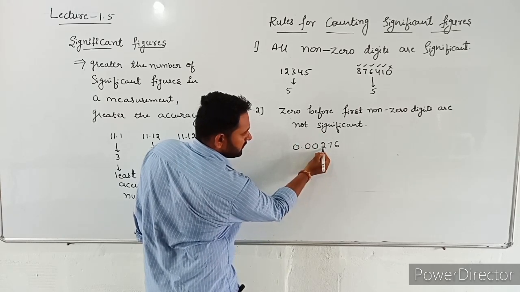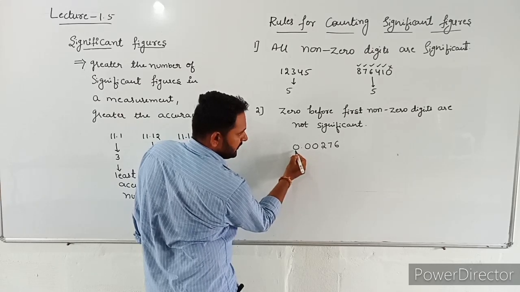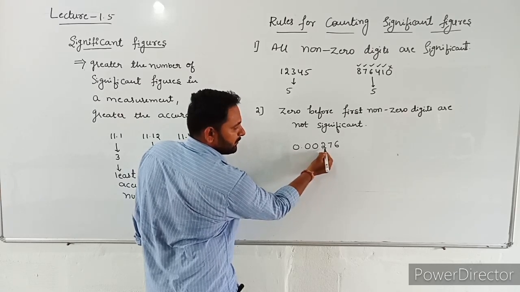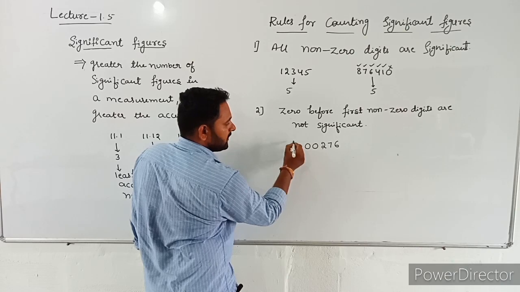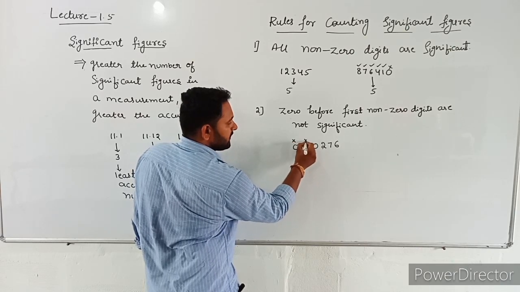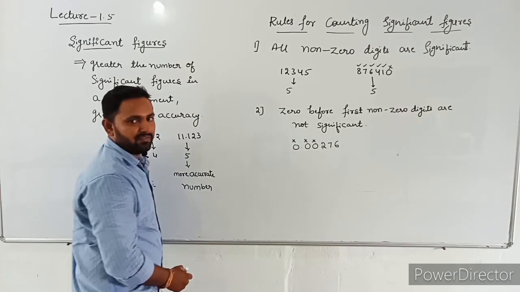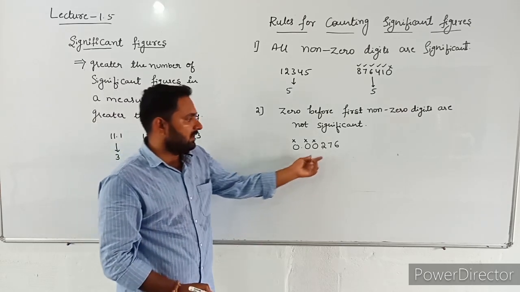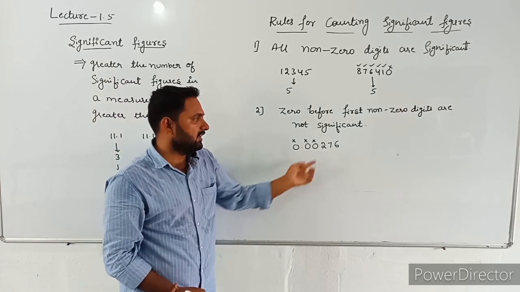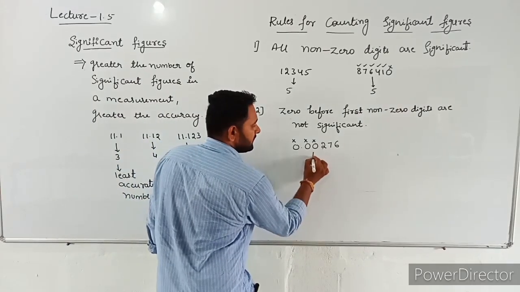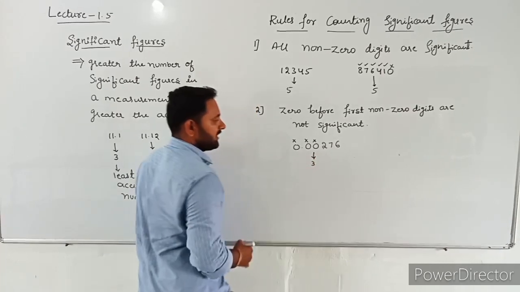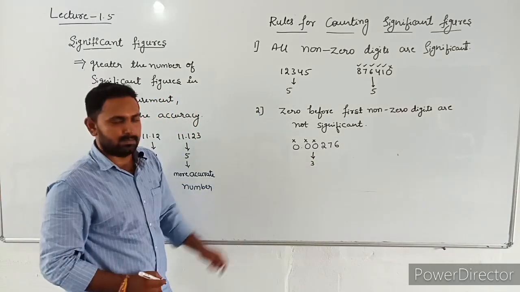The zeros which are present before non-zero digits are not significant. Now tell me how many significant figures are present in this number? Only 3. There are 3 significant figures present in this number.